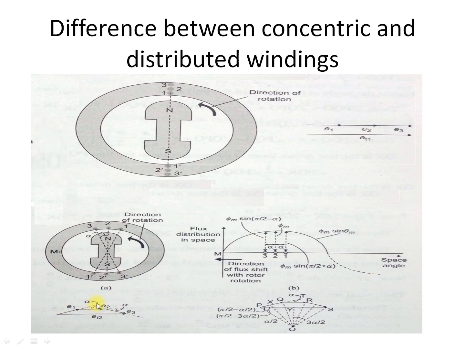So if these EMFs are displaced by this pitch angle, we can add up these EMFs, so that we will be having that EMF as a resultant of the windings under a given pole.